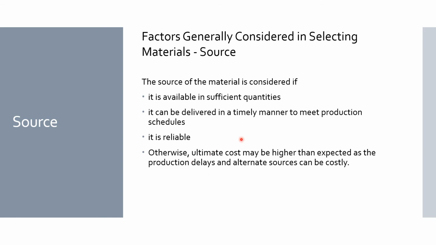The most important thing is you've got to have enough material, and you will select the material in order to develop your design in the amount that you want to manufacture. These are everything that you have to calculate and think through with your team, because otherwise you have to pay more than you expected. The ultimate cost is going to be really bad, because of production delays and trying to find alternate sources, which is very, very costly.